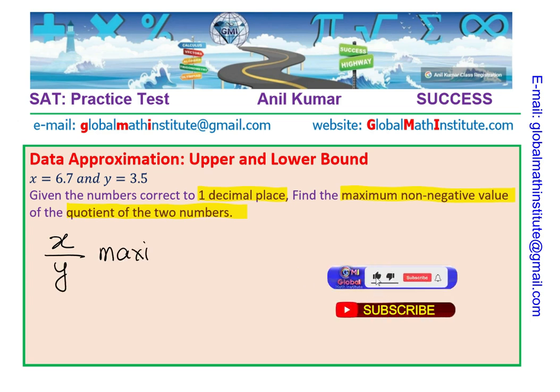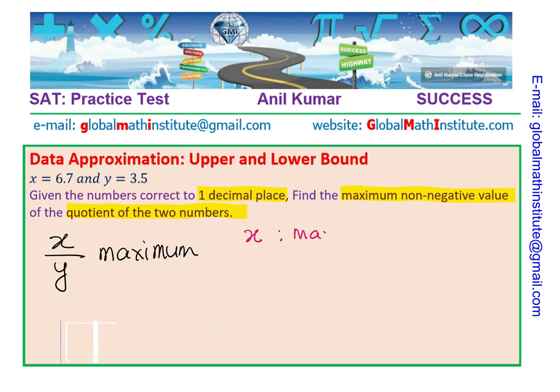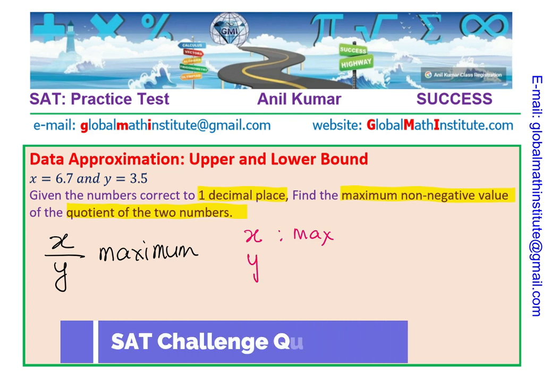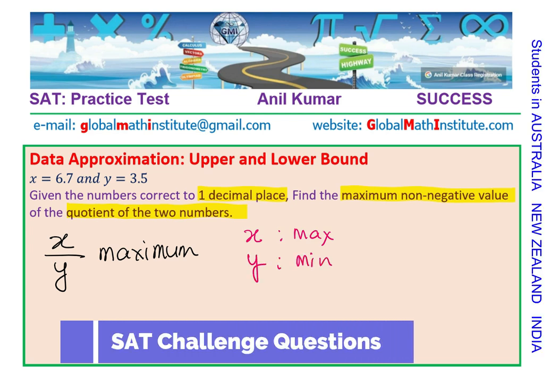Is that clear to you? If I want the maximum value, then we should look for the x value which is maximum, and the y value which is minimum. Correct. So let's look into the x values and the y values.